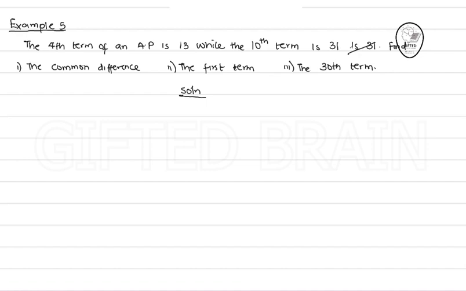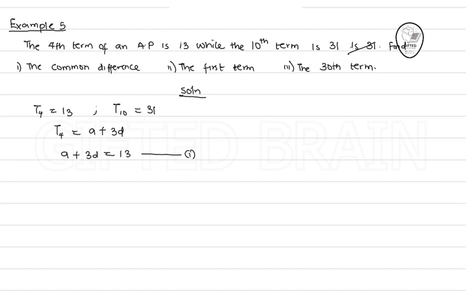Well, what we're given here is that T4 is equal to 13, and we are told again that T10 is equal to 31. And so we know that T4 should mean A plus 3D. So we are saying that A plus 3D is equal to 13. This gives us equation 1.